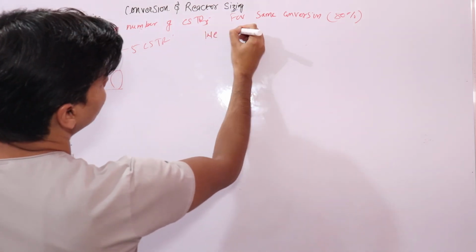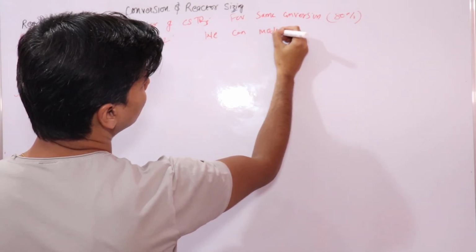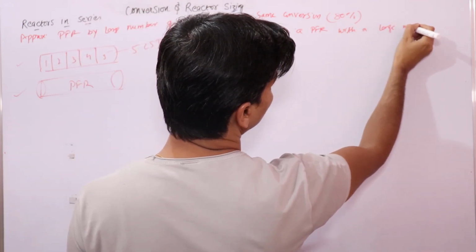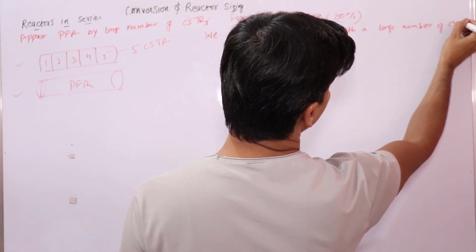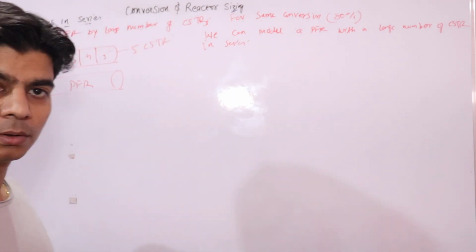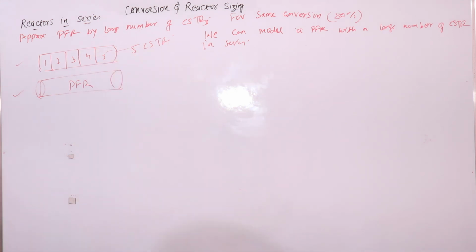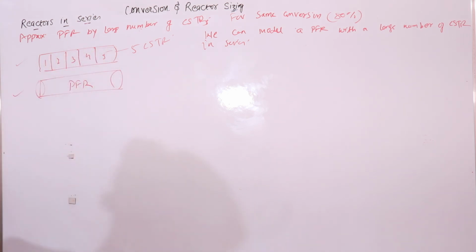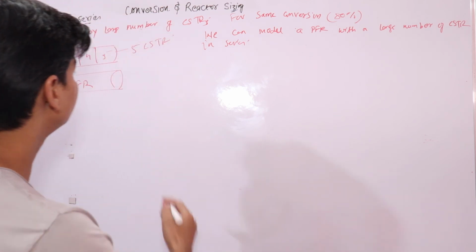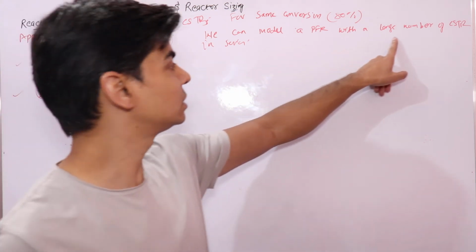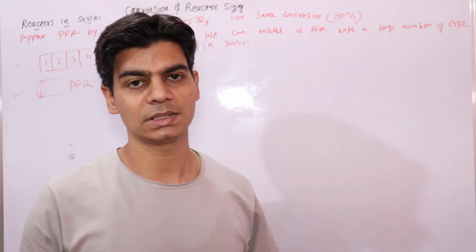Either you take one big PFR, or you take multiple CSTR and combine them in series to achieve the same conversion. What you achieve in a volume equivalent to these 5 CSTR, you can achieve in the same volume of a PFR. So we can model a PFR with a large number of CSTR in series.